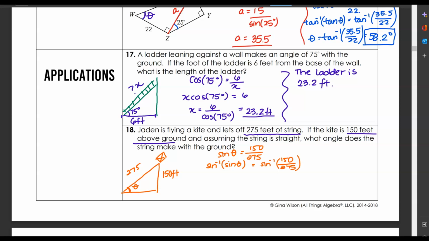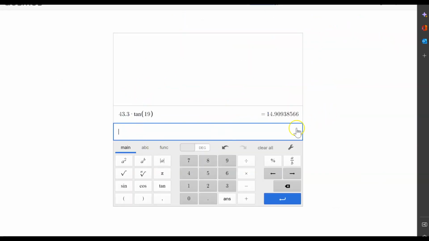Once we take the inverse sine of both sides, I'm left with theta on this side, and I have to look for the sine inverse of 150 over 275. Let's put that into Desmos.